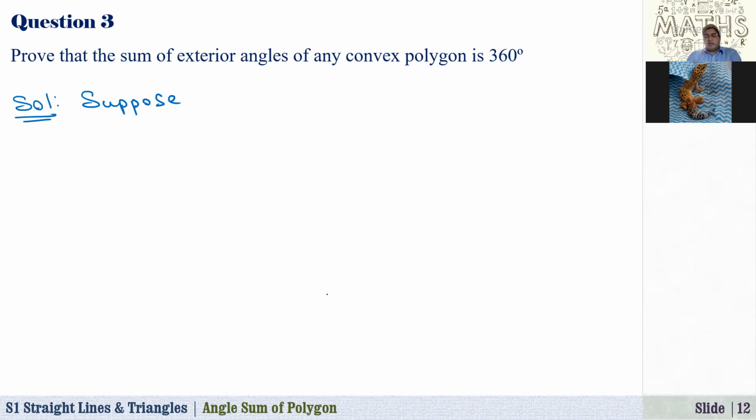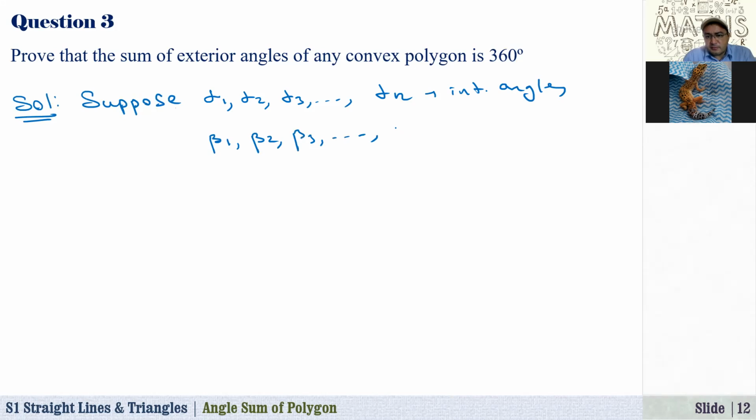That means it has n interior angles. Those interior angles are, let's say, alpha 1, alpha 2, alpha 3, dot, alpha n, right? And these are interior angles. And also suppose that beta 1, beta 2, beta 3, dot, beta n are the corresponding exterior angles.